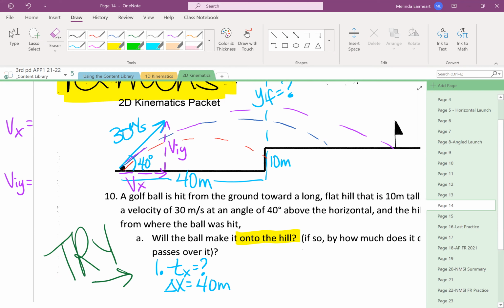Adjacent, hypotenuse, cosine. And so if you remember last time, I gave you some shortcut. It was already solved for the component. So it's our hypotenuse times the function. And so for horizontal, and again, I'm going to highlight this, it's very, very common. I would say most of your projectile problems are going to be with the horizontal.